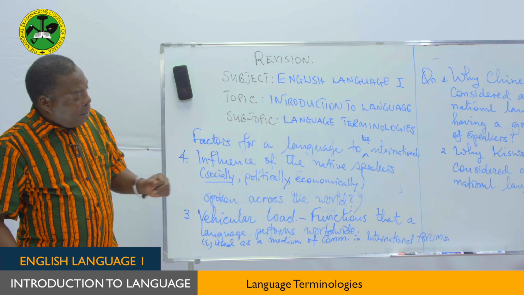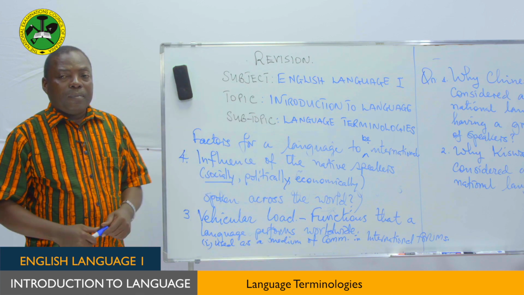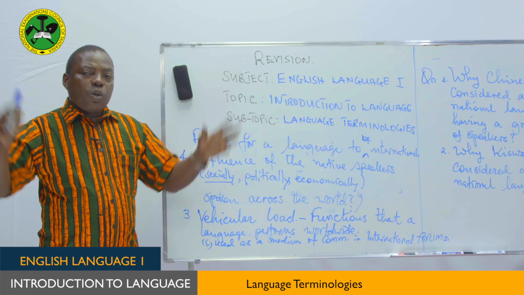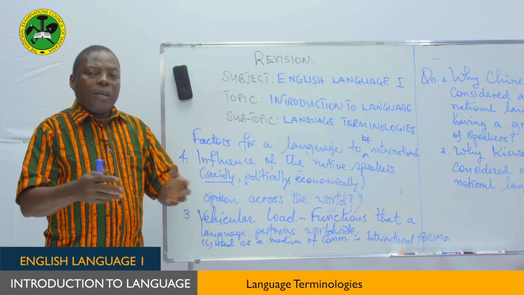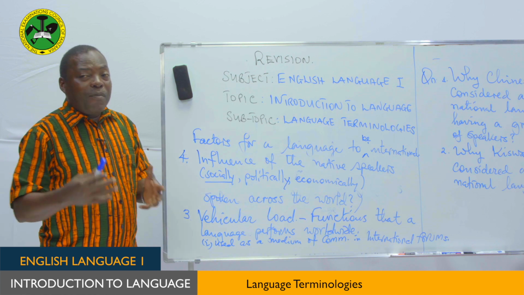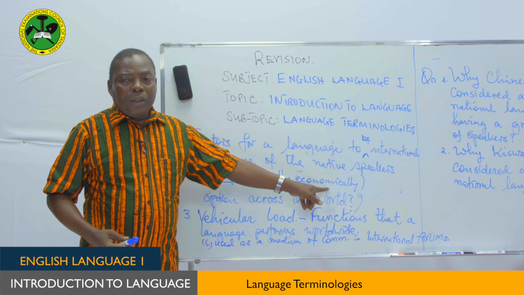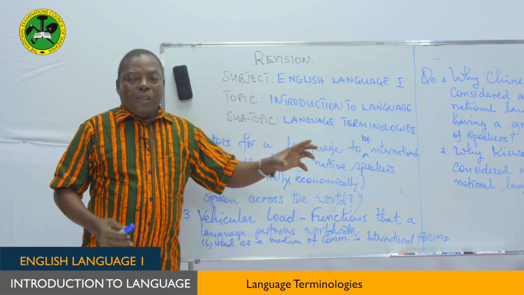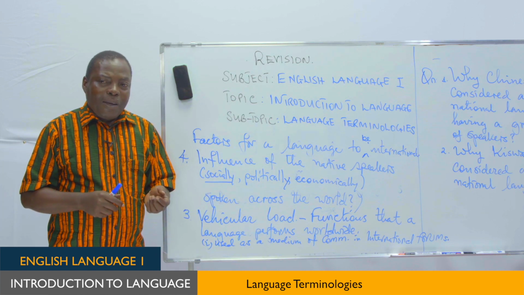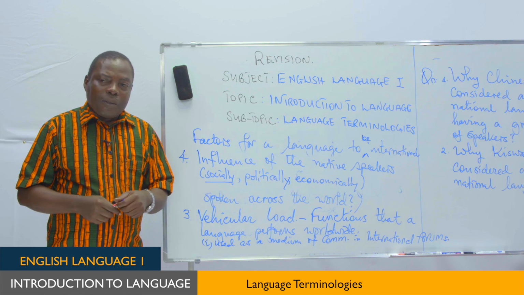But the same again, there are other countries that are politically powerful. They sometimes dictate what other countries should do in terms of the way they run their systems. So if they have that, they definitely also have to be economically powerful. So these other people are not willingly learning the language, but they are in one way or another influenced to learn it.